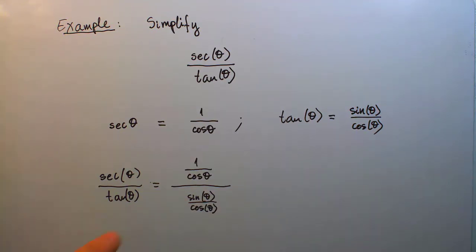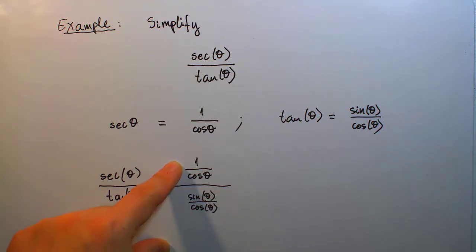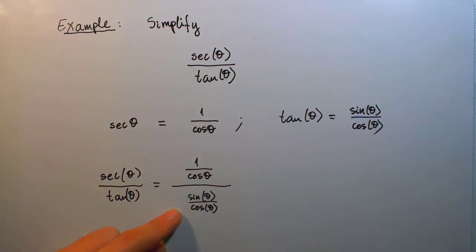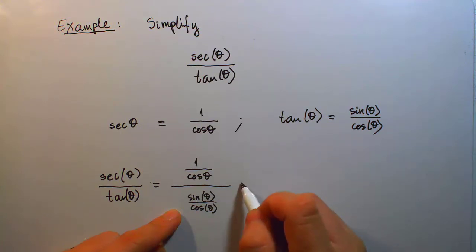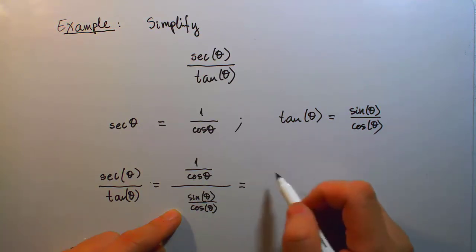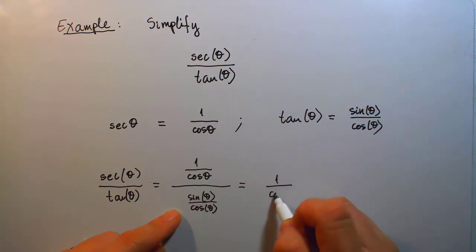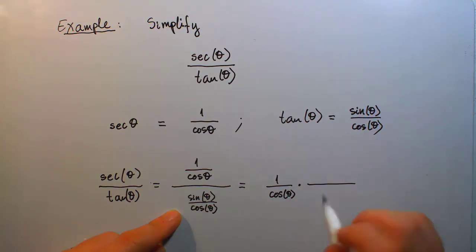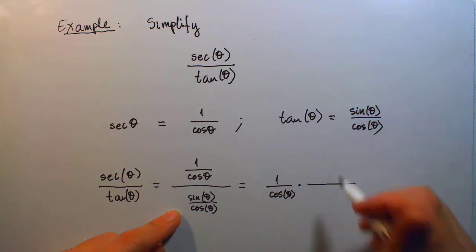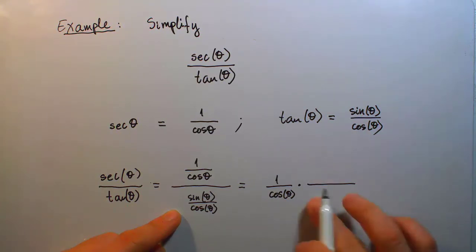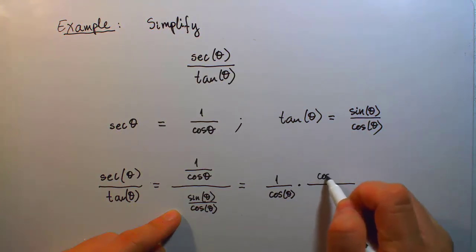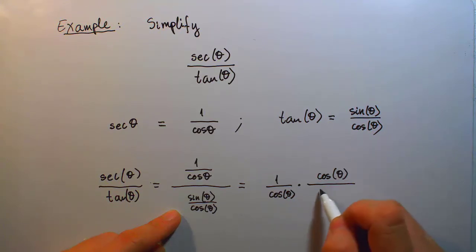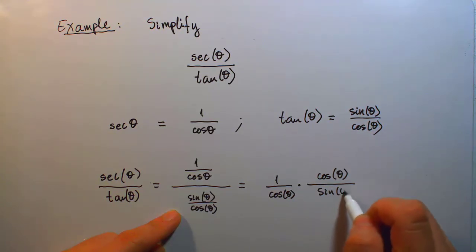And so now what we have here algebraically is two fractions, one fraction in the numerator divided by another fraction in the denominator. And so algebraically we can rewrite this as 1 over cosine times the reciprocal of sine over cosine, which in turn becomes cosine of theta divided by sine theta.